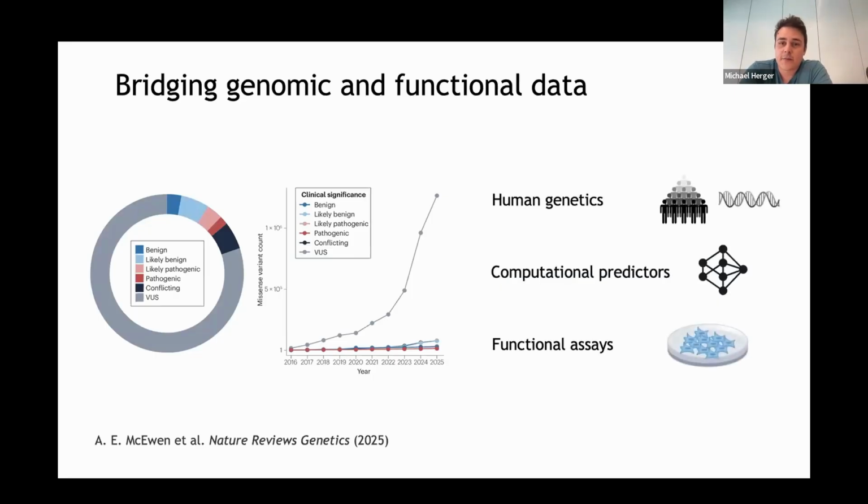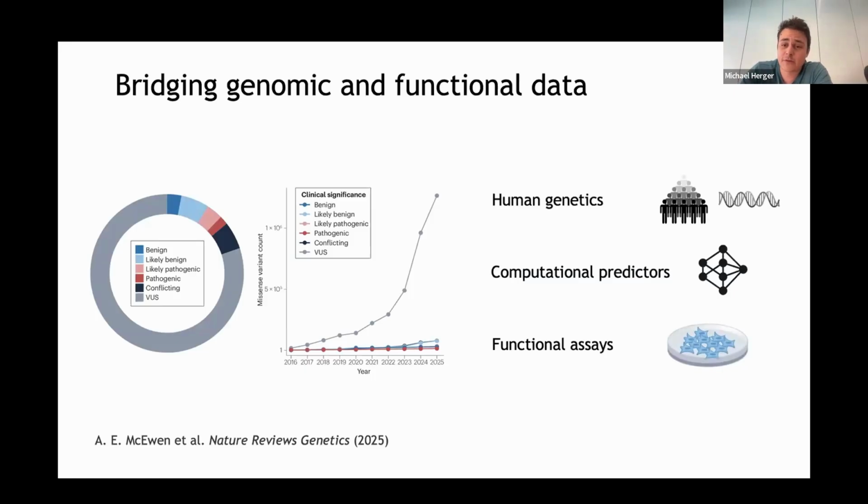There are many different methods available to efficiently link genotype to phenotype at scale. Some of these include human genetics, as well as computational predictors and functional assays.